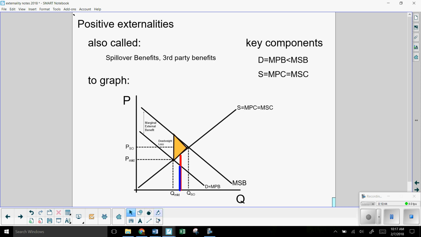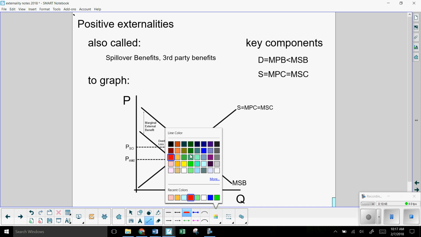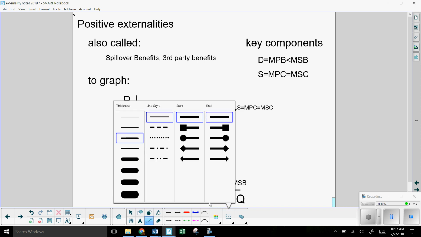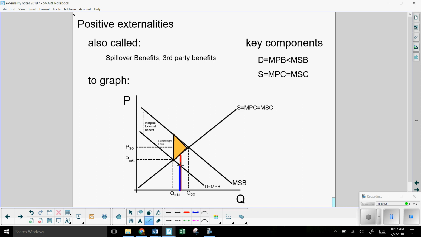Marginal external benefit. So what does that mean? That means we're dealing with this amount right here, which is the benefit that accrues to the non-buyer. Well, let's look at the total stack of benefit that comes from this 53rd flower or something.